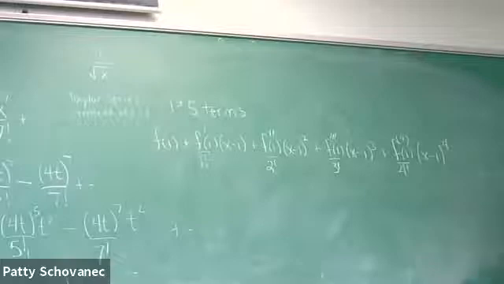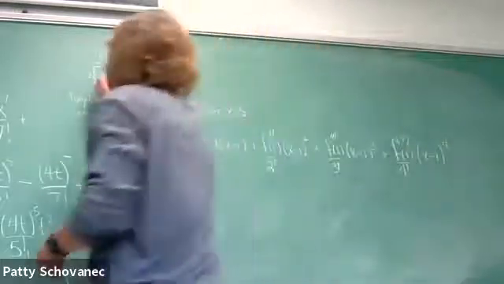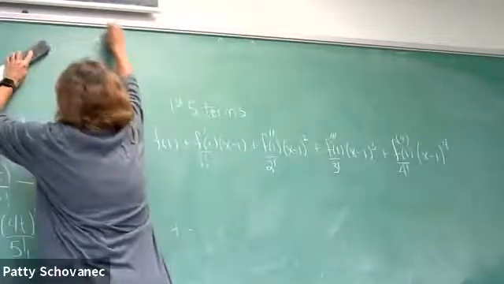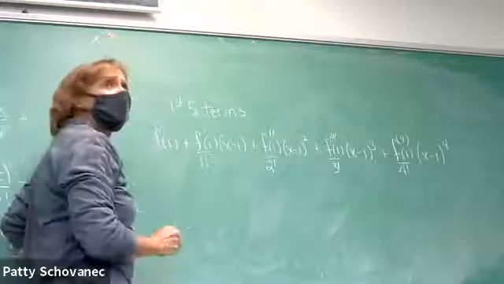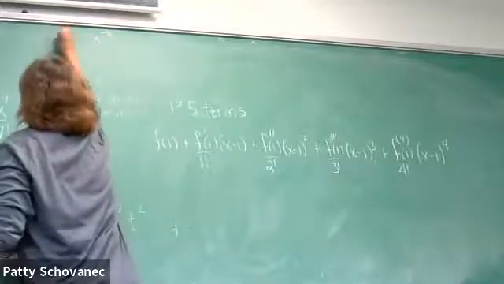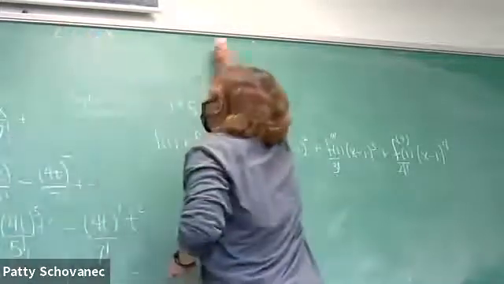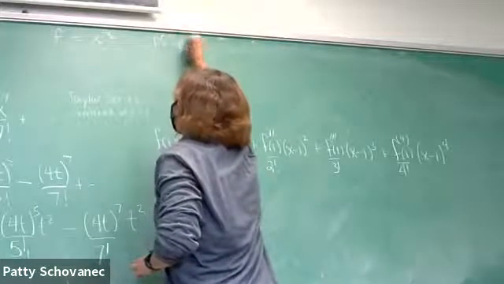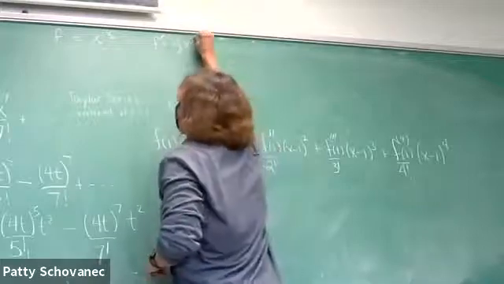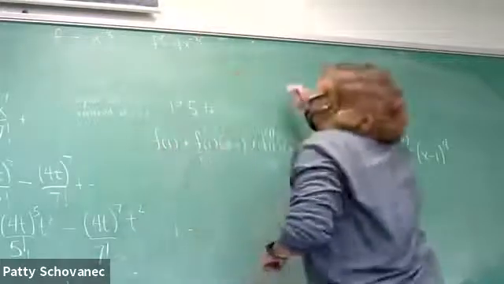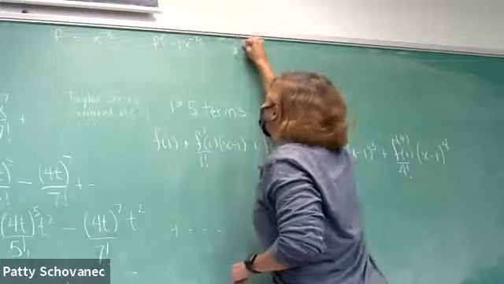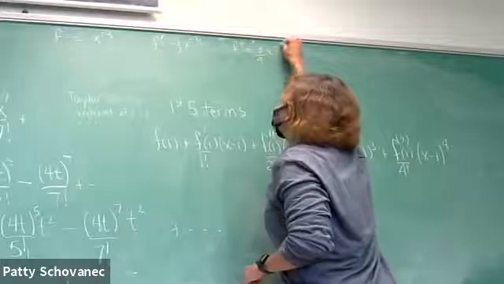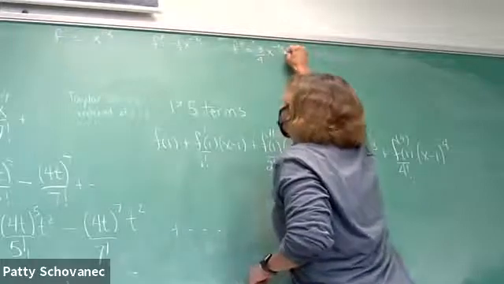All right, so what we need to do is take a bunch of derivatives of this. So let me write that as x to the negative 1/2. Is that okay? So that's f. And now let's get 4 derivatives of it. F prime is going to be negative 1/2 x to the negative 3/2. F double prime is going to be a positive 3/4 x to the negative 5/2.